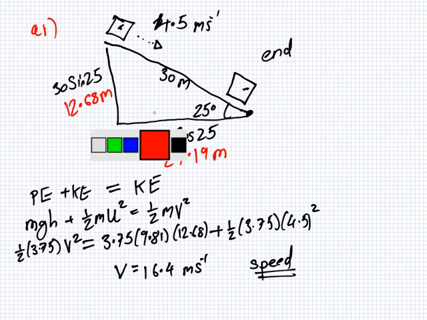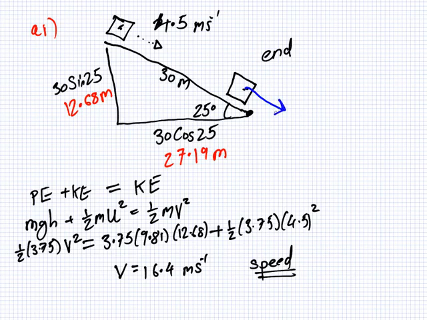If you look at my picture, this piece here is 16.4 meters per second. But they don't want that. They want the velocity, this piece and this piece.